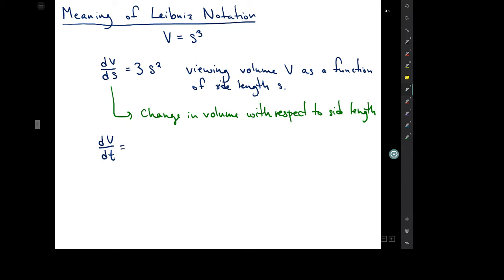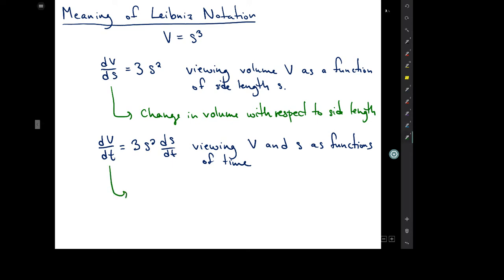So we found dv/dt, which was 3s squared ds/dt. So this was viewing v and s as functions of time, meaning changing over time. And the way that we would say this quantity is that it's the change in volume with respect to time.